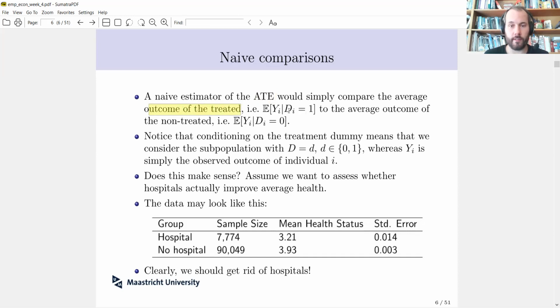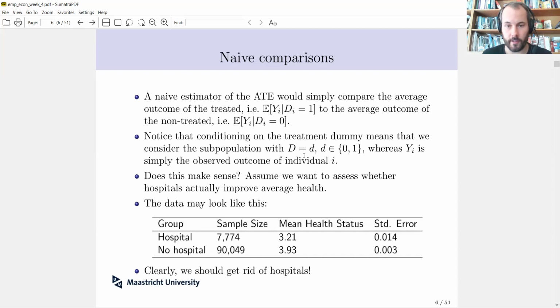So we look at the subgroup of the population that has received treatment. This is what we indicate with conditioning on the treatment indicator being 1. You compare the average outcome of this subgroup to the average outcome of the non-treated, where we condition on the treatment indicator being 0.